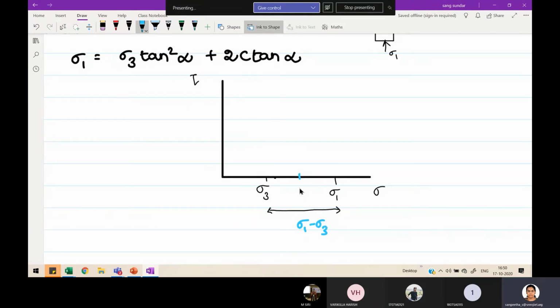How much will be the stress at the center? Stress at the center will be sigma 1 plus sigma 3 divided by 2. That forms the center of your Mohr's circle. Take that center and construct your Mohr's circle like this.